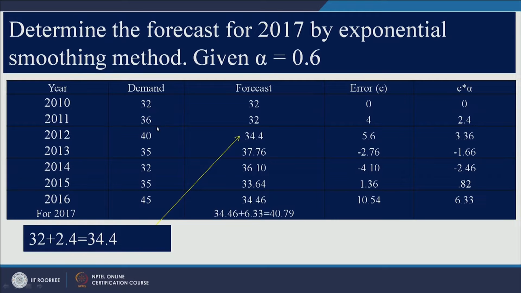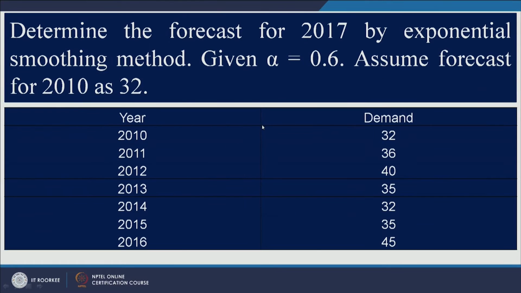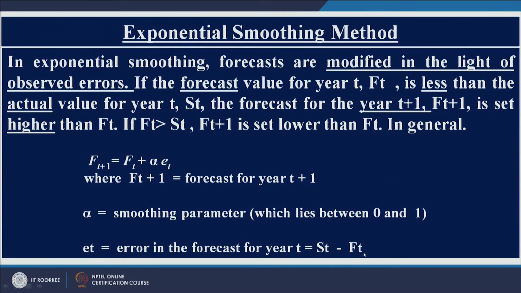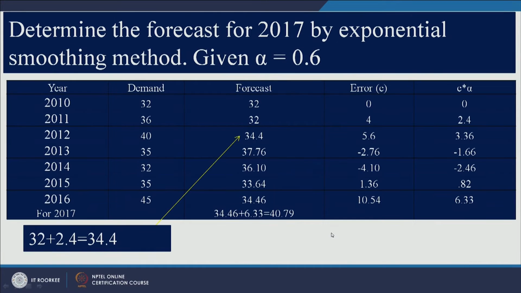Next time, demand is 36, forecast is 32. So, what is the error? Error is 4 units. This is 36 minus 32, sales minus forecast, this term S t minus F t. So, 36 minus 32 is 4.